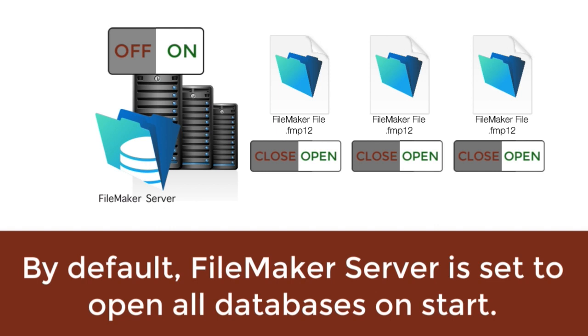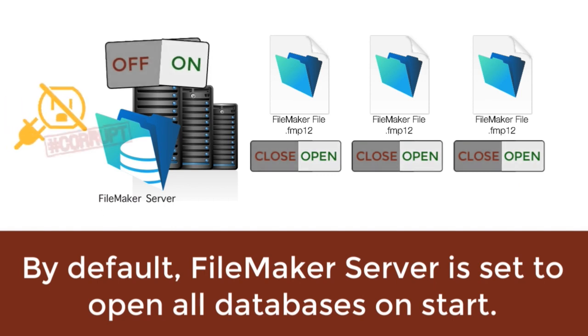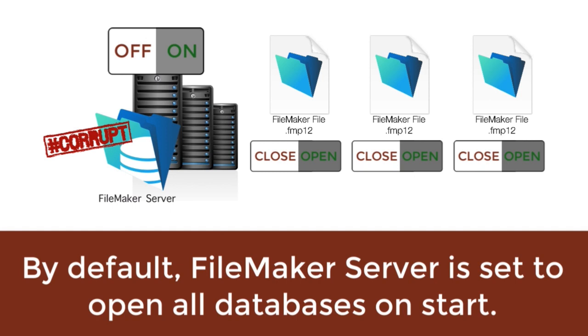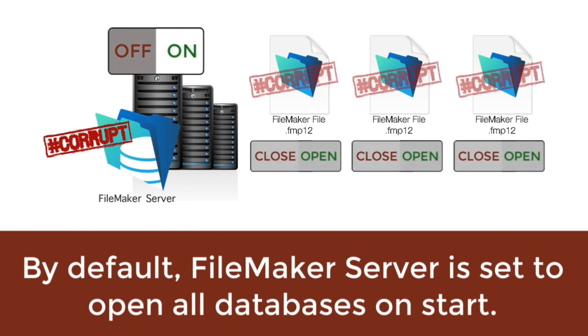Now that sounds like a very good setting because then it's worry-free. However, if you have a power outage and your server crashes or anything, it will just try to start up the databases and you would very easily end up with corrupt databases. And FileMaker is a great tool and great platform, so in many, many cases, it actually allows you to continue working on your database files.